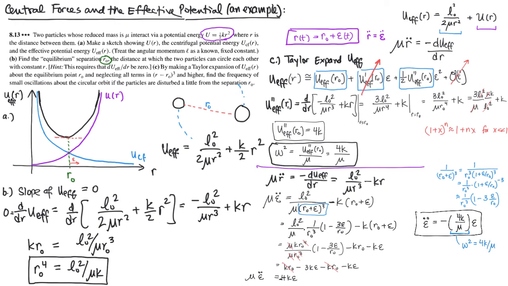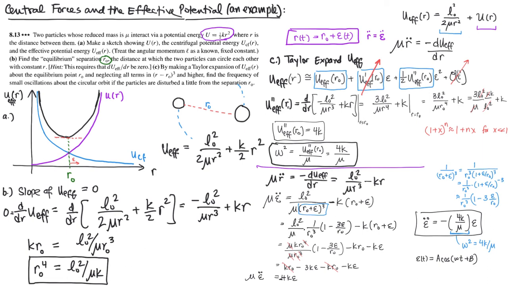Okay, so these perturbations epsilon will evolve as a cosine or a sine with some amplitude and some phase, but the frequency of that oscillation is fully specified, 4k over the reduced mass of the system.